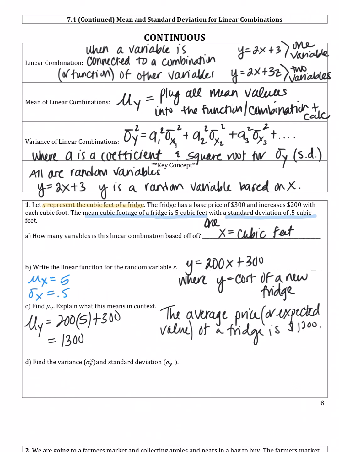All right. Question D says find the variance and standard deviation. Here's how we do that. The variance is equal to, and I'm just going to follow the formula above, the coefficient squared, so 200 squared, times the corresponding standard deviation squared.